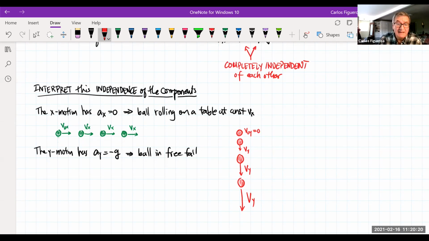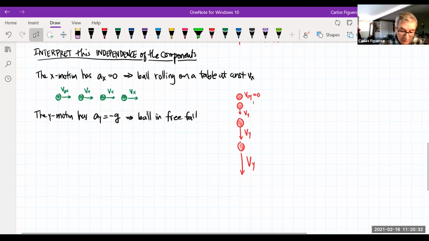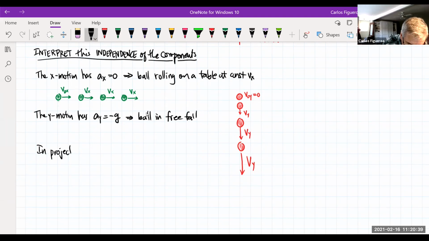So what we say then is that in projectile motion, we have 2 one-dimensional problems that are superpositioned.